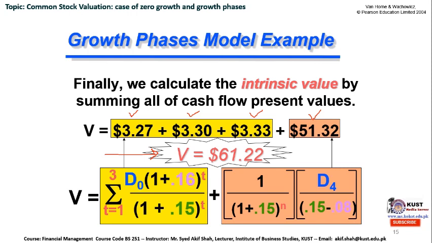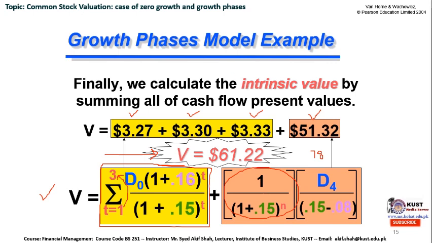Here it is, the final formula that we wrote at the start, the time value of this growth phase model, where the time starts from 1 towards 3, and we have used the summation sign to sum up this mixed stream type of 3 dividends, and then we have discounted our final value, which was $78 at time 3, by multiplying this discounting factor.